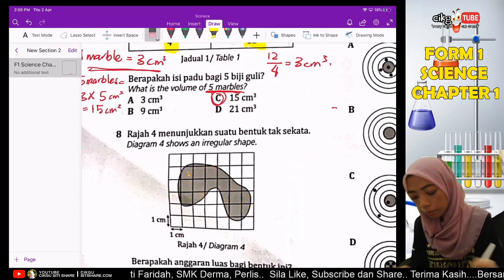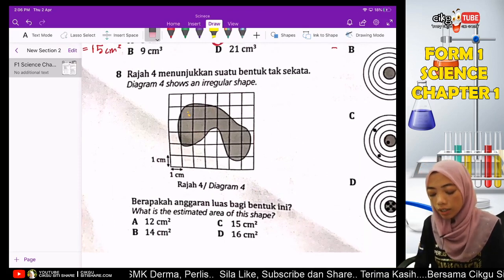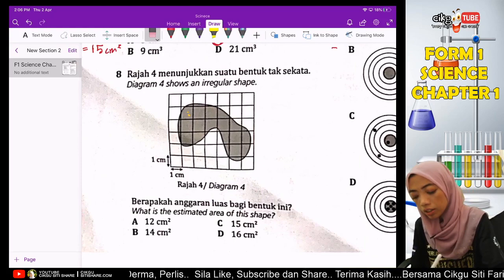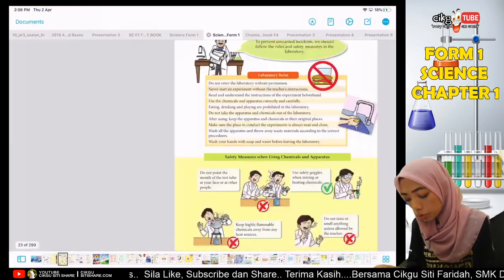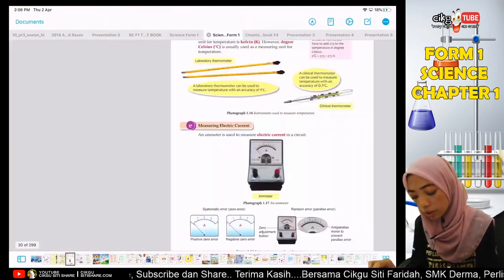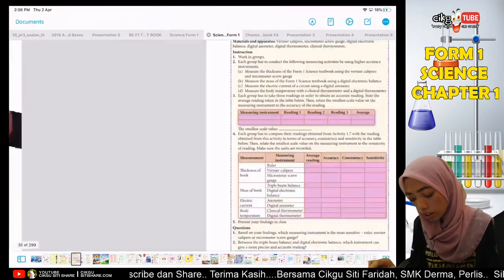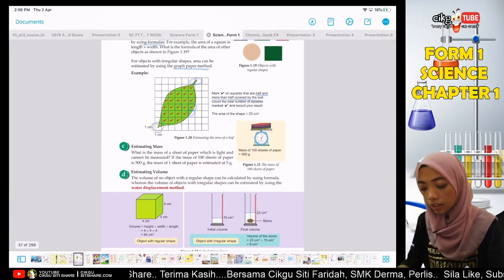Okay. Number 8, diagram 4 shows an irregular shape. What is the estimated area of this shape? Okay, let's look at our textbook. There are 2 shapes, regular and irregular. Your textbook is on page 27.